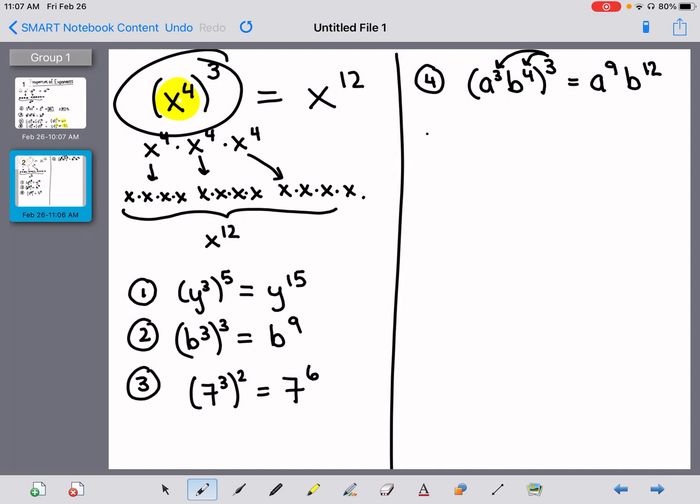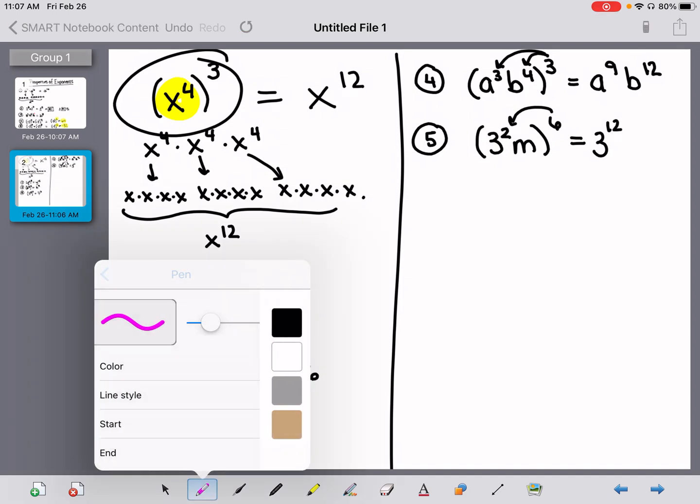Multiply the exponents. Now let's throw in a number here. Let's say we had 3 squared m to the 6th power. You multiply the exponent. So 6 times 2, keep the base the same. The base is the 3. 6 times 2 is 12. Now the m has an invisible exponent.